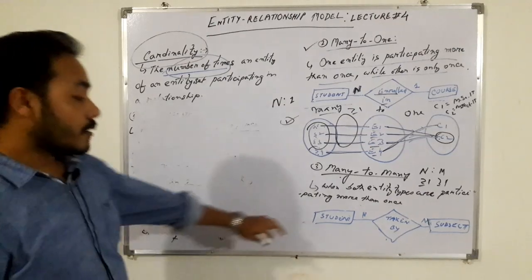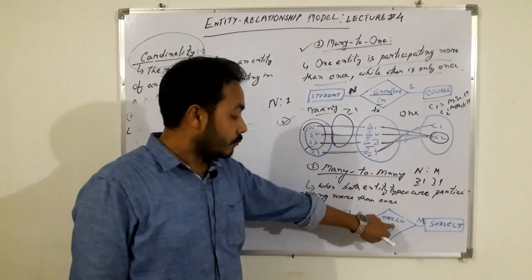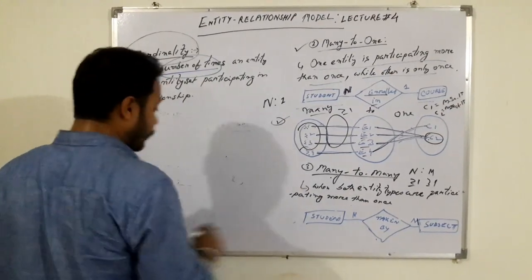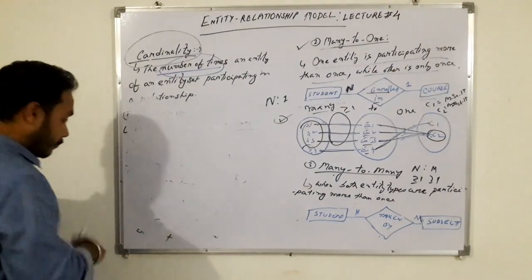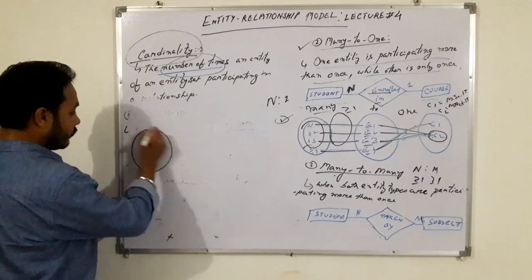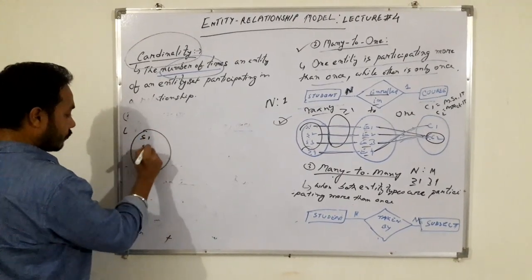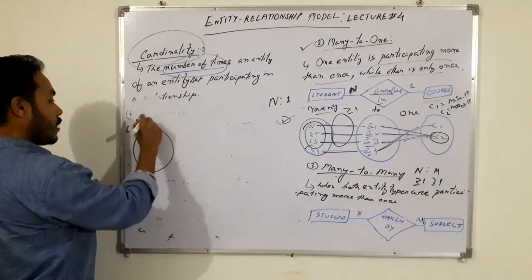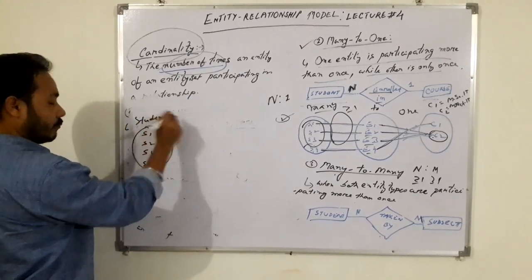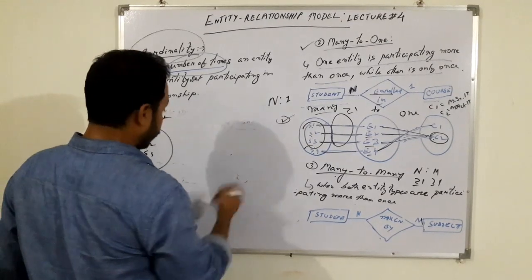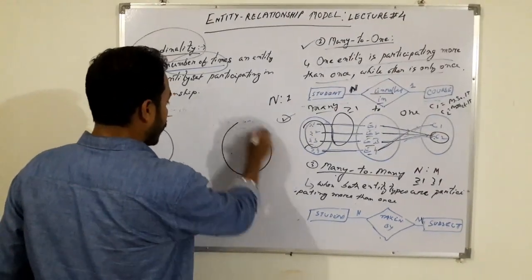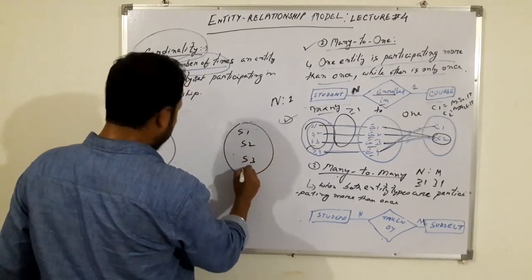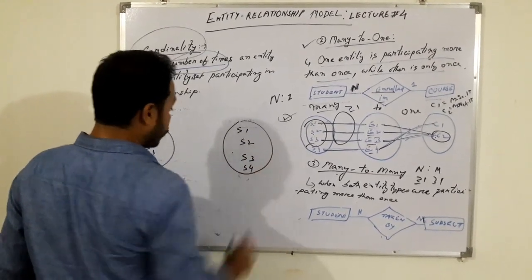For this, I am considering this example: student and taken by subject. This is student, this is subject, S1, S2, S3, S4.